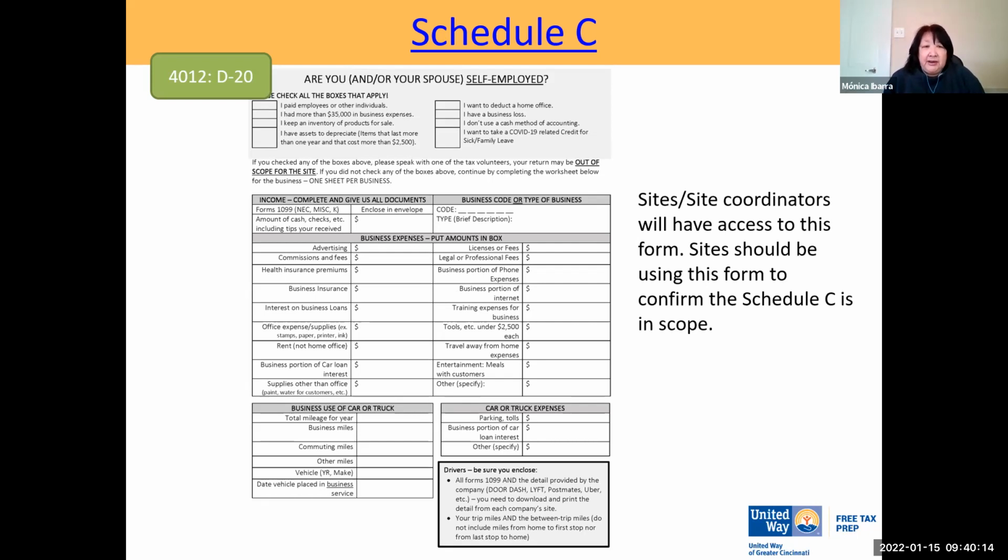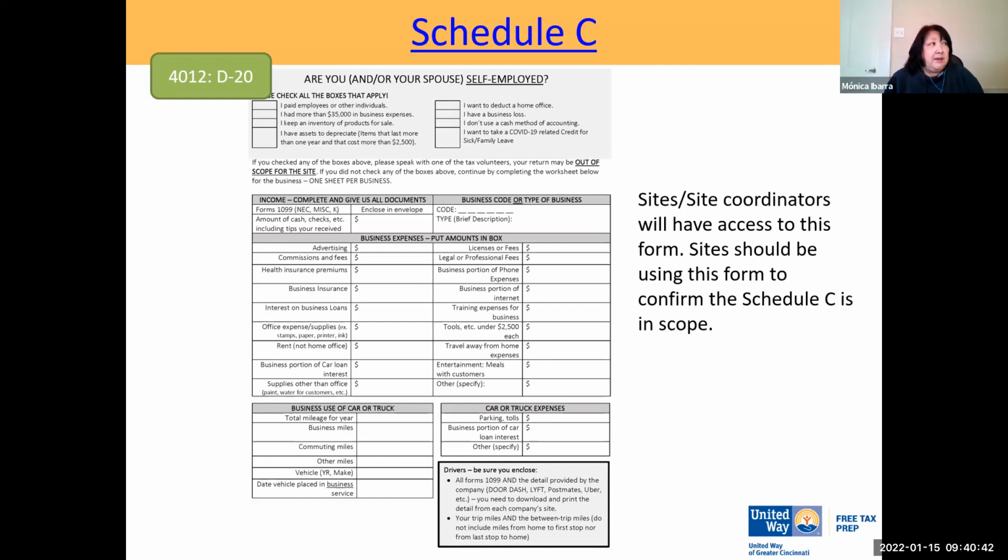And they are also filing a Schedule C because they're self-employed, meaning we see a lot of people who do driving types of jobs. So Uber, Lyft, DoorDash, Instacart, things like that. People have their own cleaning businesses or janitorial services, or maybe some construction. So that's the kind of Schedule C that we generally see.